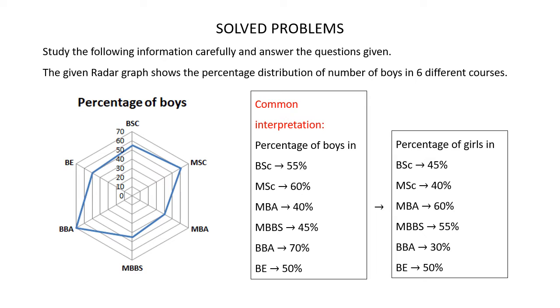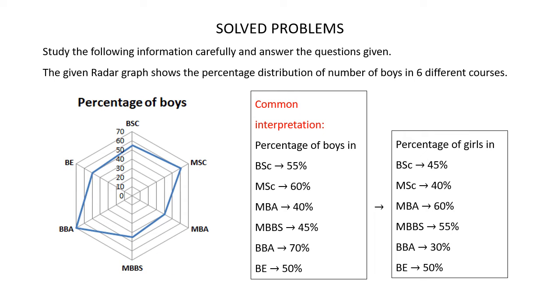Now you have to use this data to answer the given questions. But instead of searching repeatedly for data in this radar graph to solve the given questions, you can do a common interpretation of the data given in this radar graph.